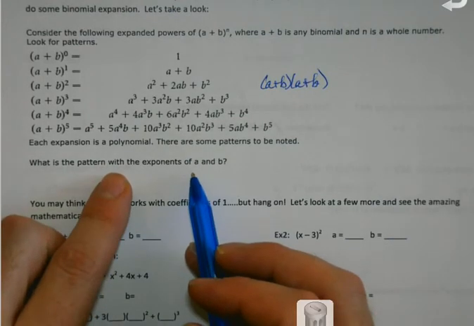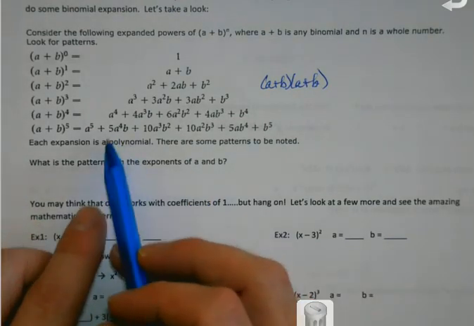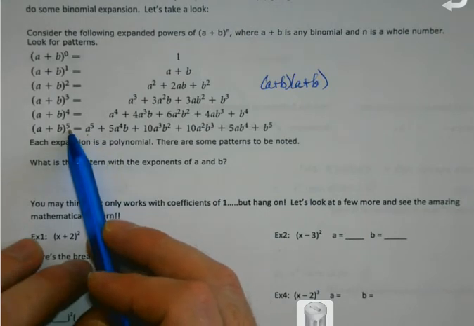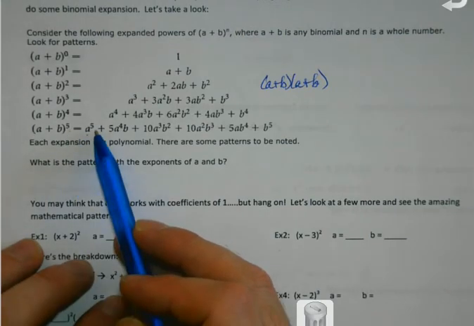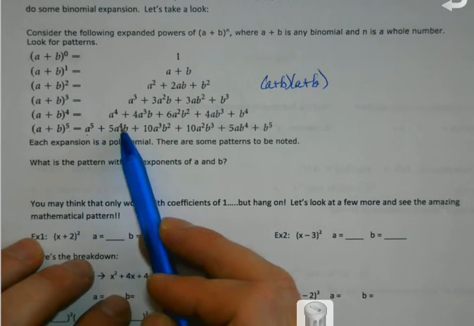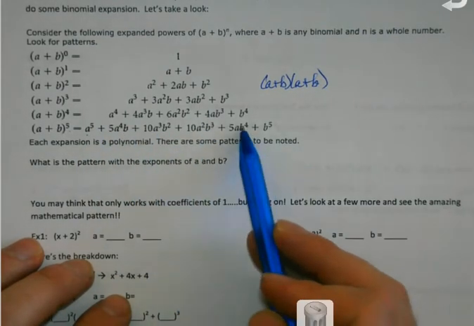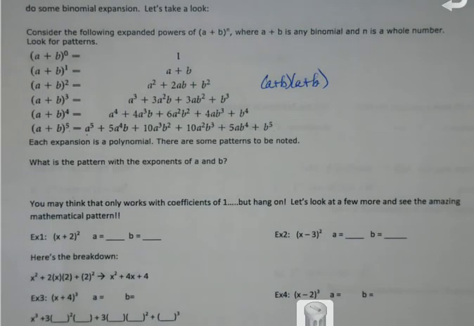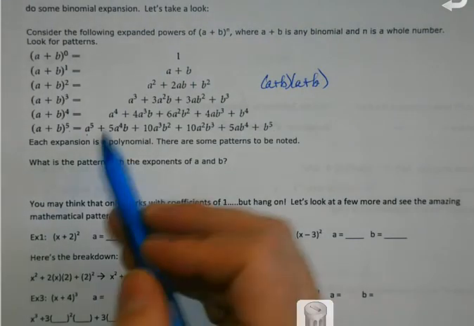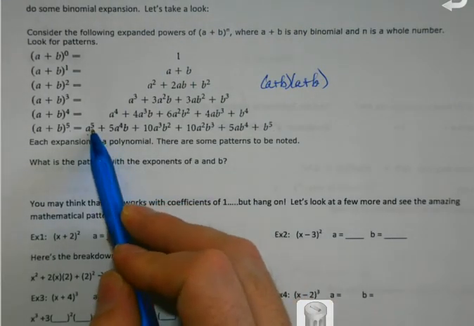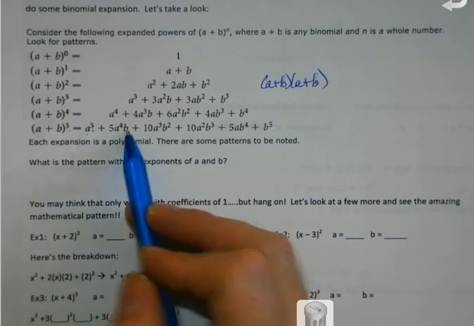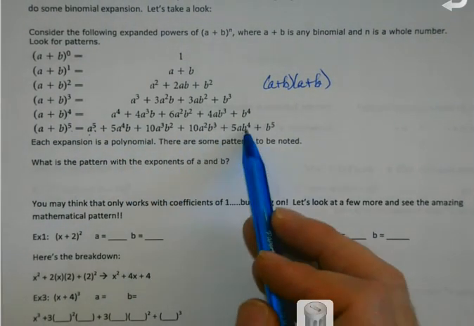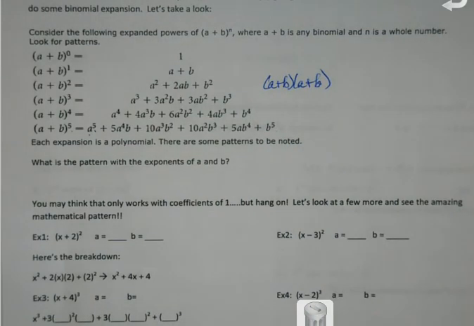When you start looking at the exponents of a and b, especially in some of the larger ones, when you look at the a, for instance, when you're starting with a binomial of degree 5, look at your a's: 5, 4, 3, 2, 1, 0. Kind of cool. Then your b's do the exact opposite. I have a degree of 0 in the first one, and then it goes 1, 2, 3, 4, 5. And that'll happen with every one of these rows.